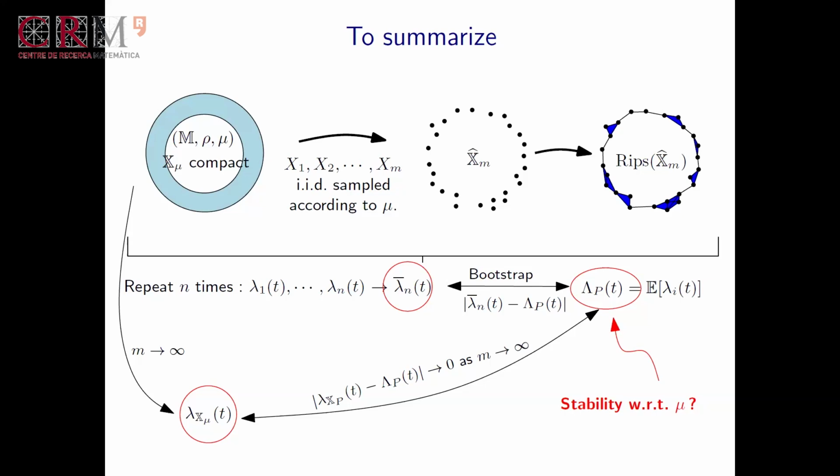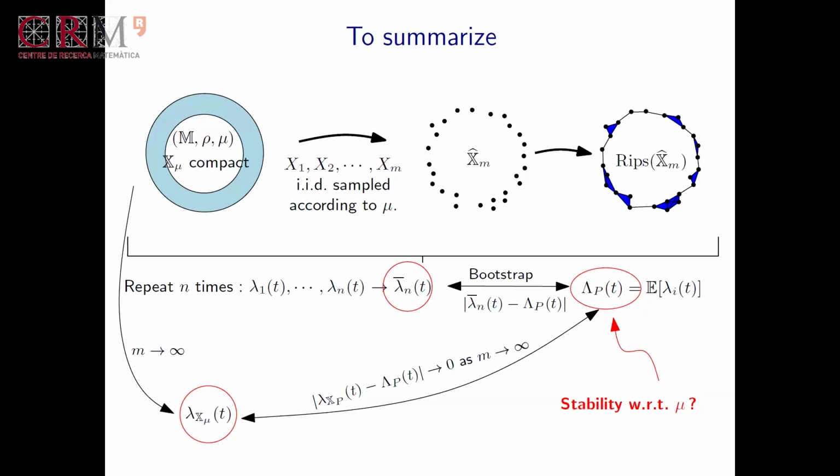But now another idea is that if I fix M and do some kind of subsampling or bootstrap, instead of taking M going to infinity, I can repeat my experiments n times. So I choose an n, and n times I sample M points, I compute a persistence diagram, a persistence landscape, and I get a family of n persistence landscapes. Now I can look at the average of this family.